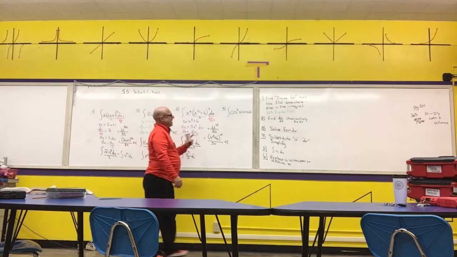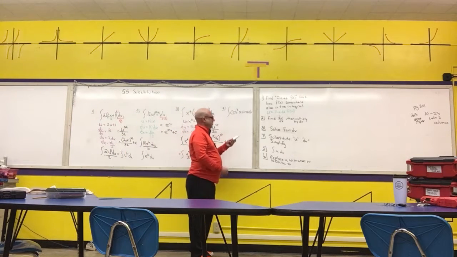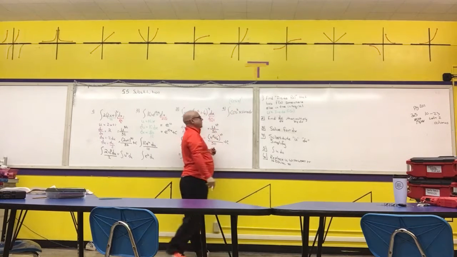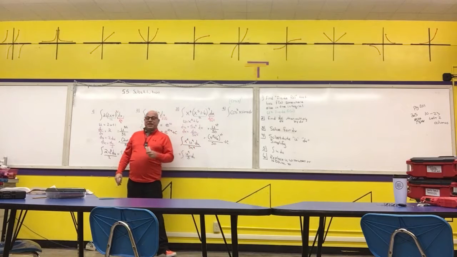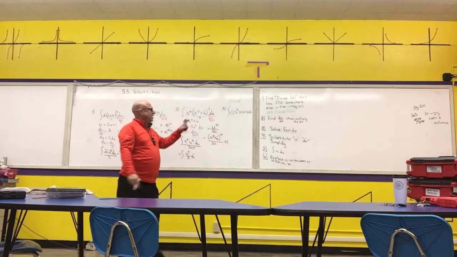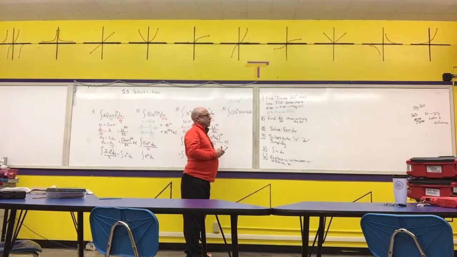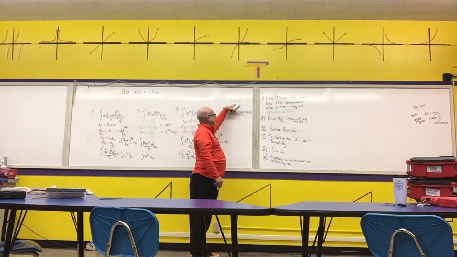So I need to find an inside function and an outside function, or an inside function and its derivative. Well, remember that cosine cubed x is actually cosine x cubed. So anytime that you see this, you can think of it like this. So do I have the derivative of cosine in here? Well, the derivative of cosine is negative sine.